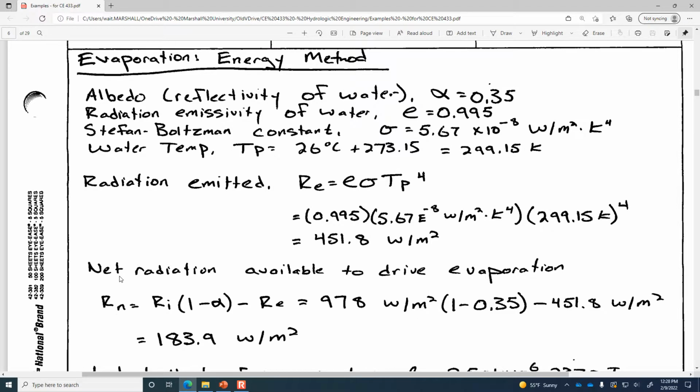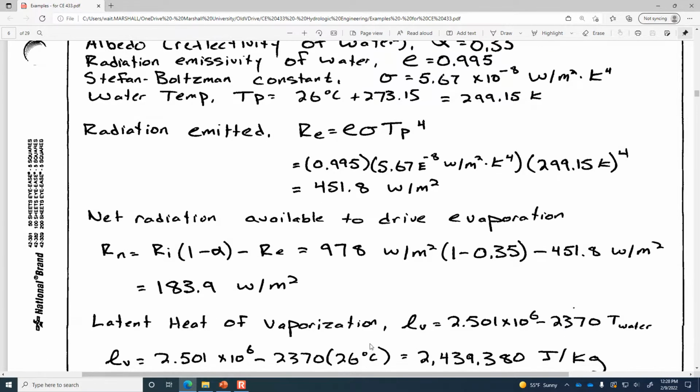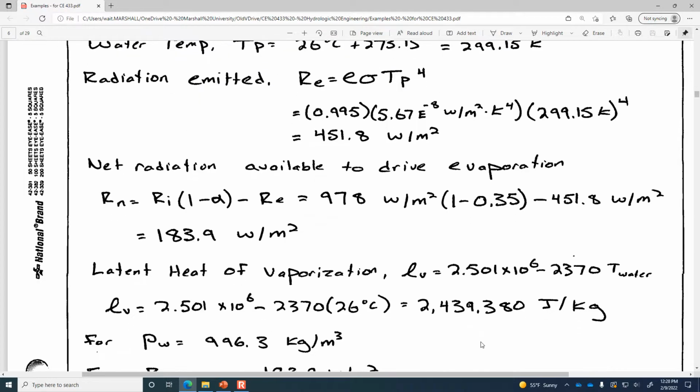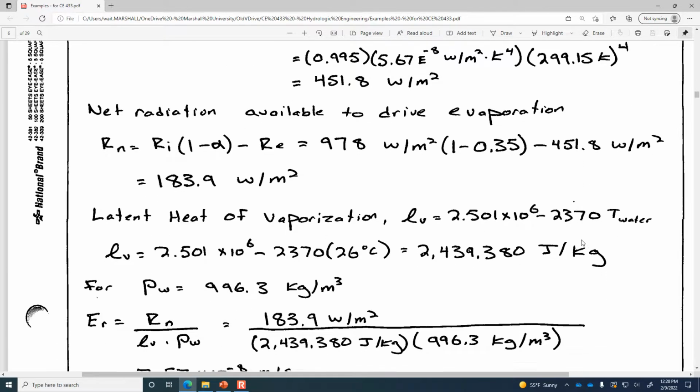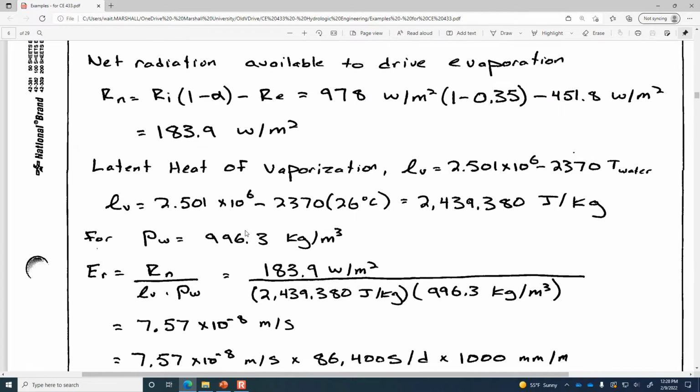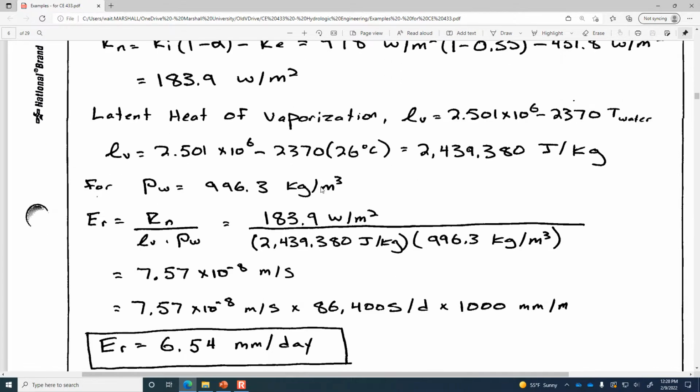So we've calculated the net radiation and then determined how much energy is required at this temperature of 26 Celsius. What we can calculate is that a kilogram of water needs 2.4 million joules. All right, and then for the given density of the water at a certain temperature, finally we can calculate the evaporation rate by having the net radiation in the numerator.